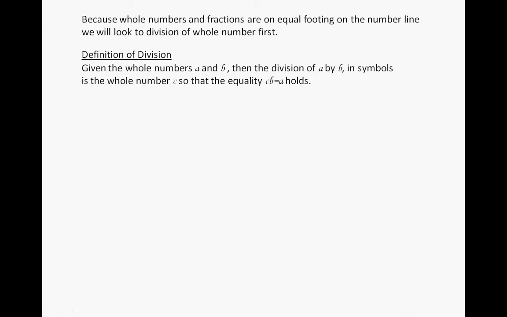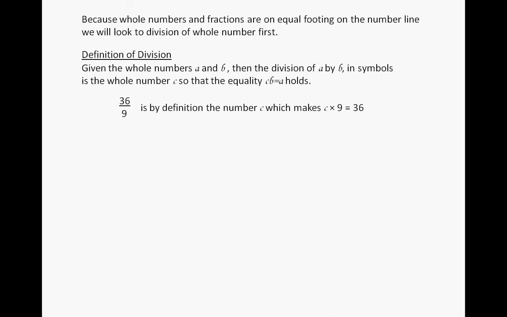So the definition of division, we've kind of talked about this, but we didn't really write down a definition, but here it is. Given the whole numbers a and b, the division of a by b, in symbols, is the whole number c so that the equality c times b equals a holds, which means is true. Here's an example.